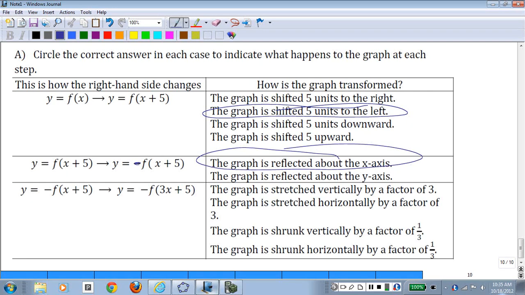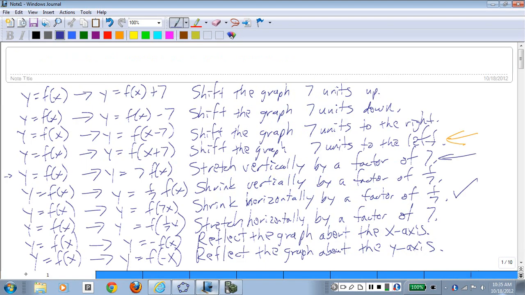And then, gotta think of it as a substitution. Not multiplying by 3, but substituting 3x for x in that one spot where we see an x. Back when we substituted 7x for x, what was that? It was the opposite of what we might have thought it would be. We shrunk horizontally by a factor of 1/7.